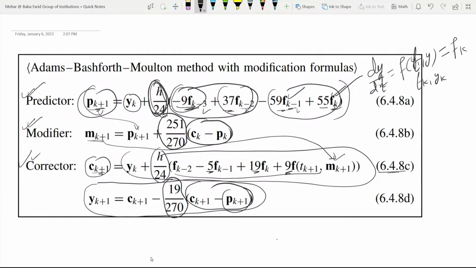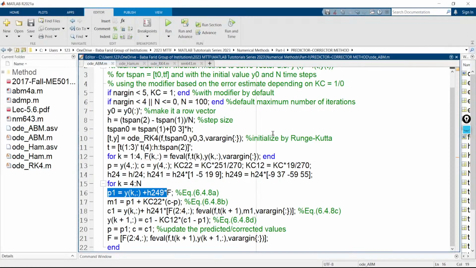This equation can now be written in a very simple manner as yk comma colon, the values of t will automatically pass at its place, H249 into f. Similarly, we have M1, the modifier. This will be P1 plus KC22 times C minus P, and this is the corrector.